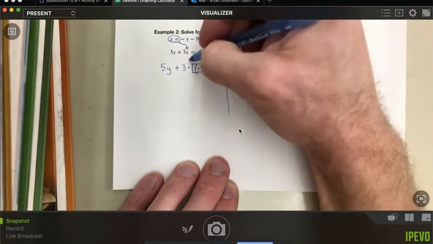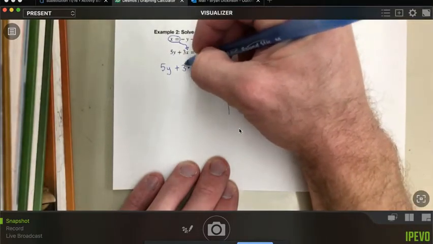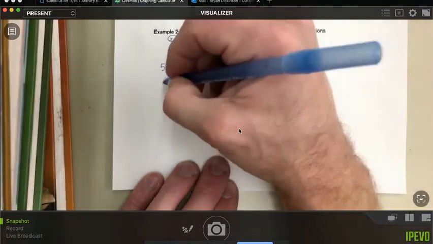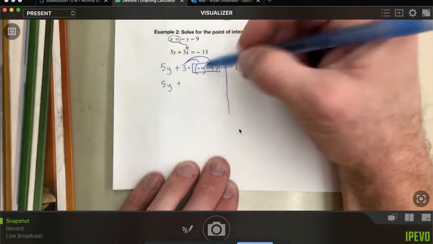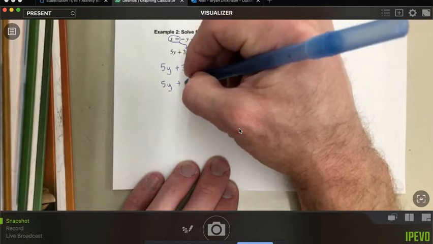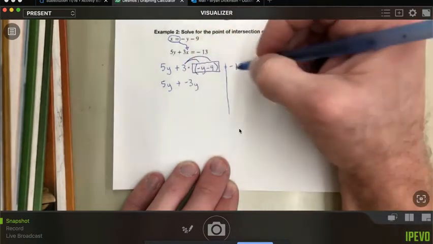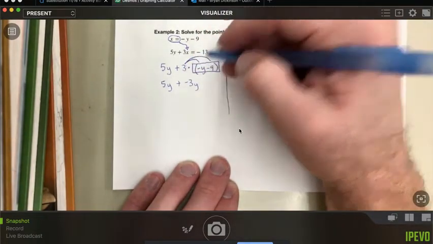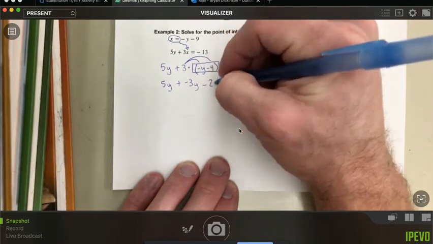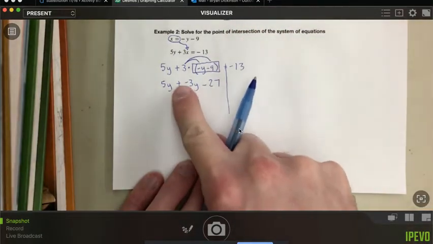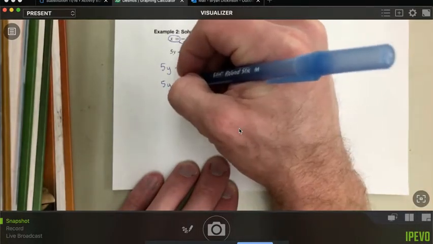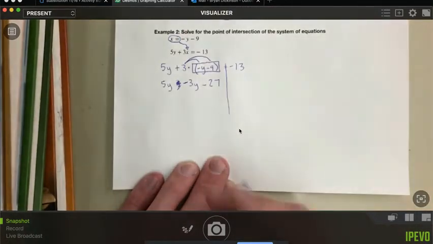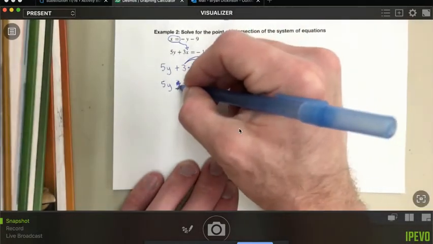Now, if I simplify just like I did before, this 3 has to be distributed into the parentheses. So now I have 5y plus 3 times negative y, which would be negative 3y, and 3 times negative 9 would be negative 27. This looks kind of ugly, so since it's plus negative 3y, I can always think of it as just 5y minus 3y.